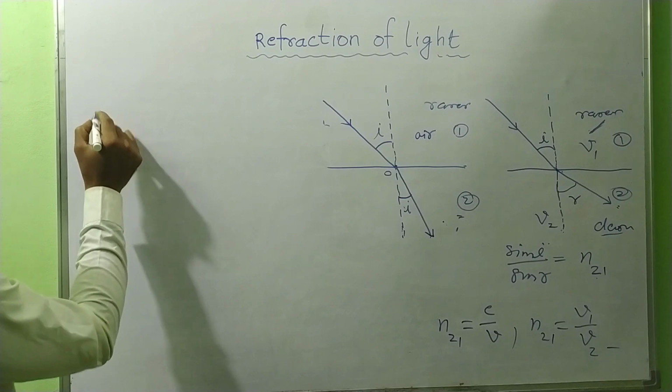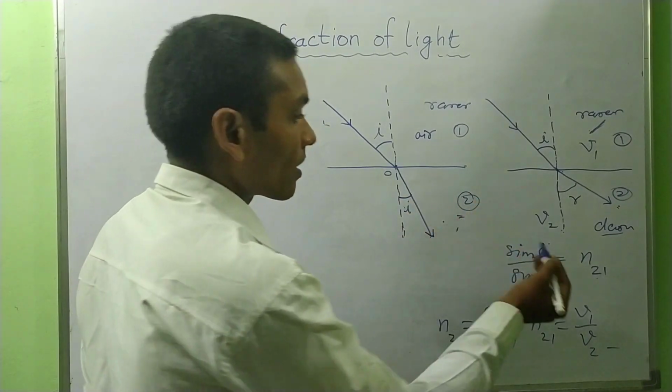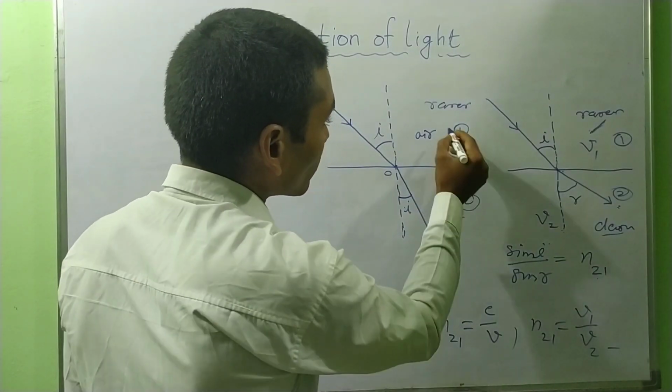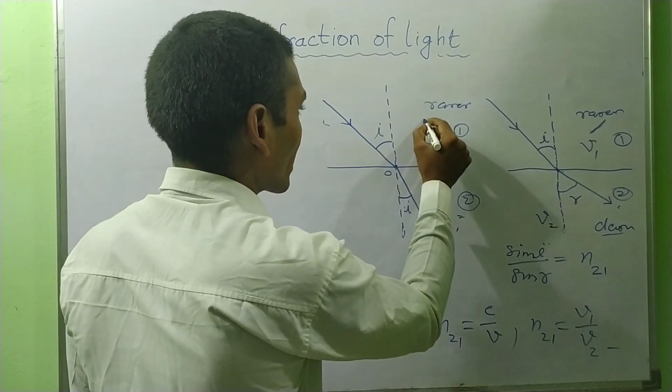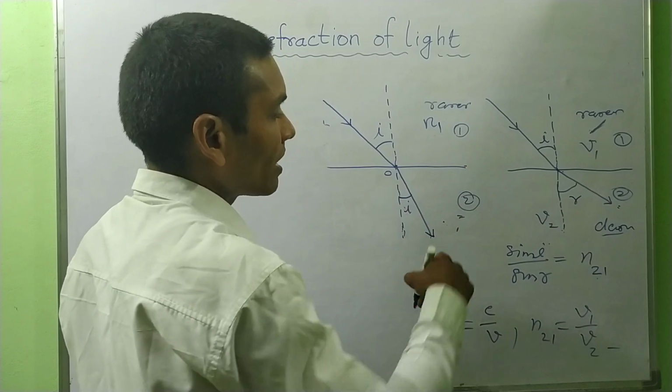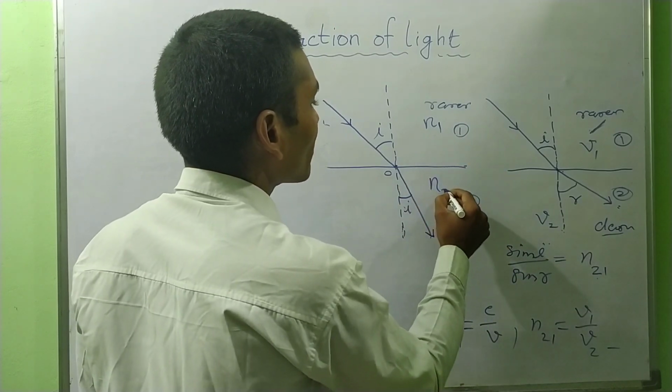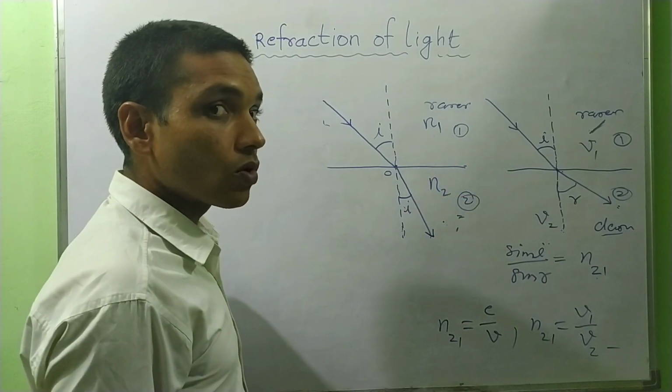Here, the refractive index of the first medium is n1 and the refractive index of the second medium is n2.